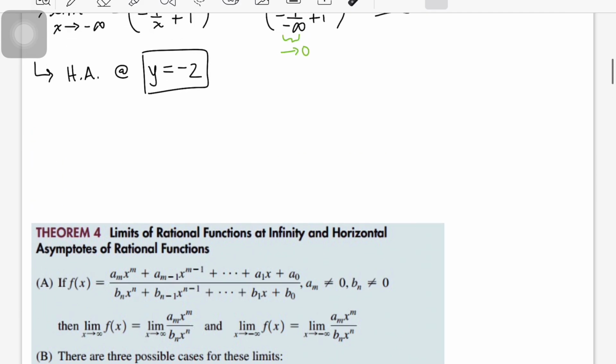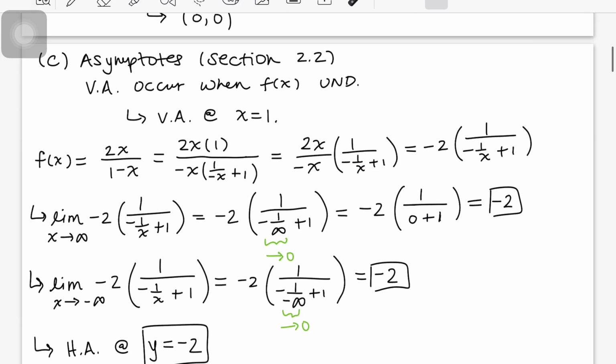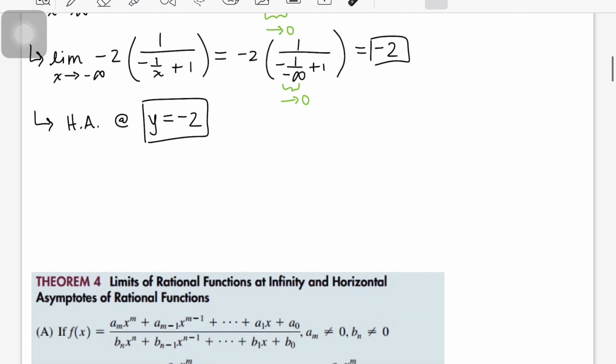And in this particular example, looking back at our leading terms here, we saw that we factored them out of our numerator and denominator here. And so our leading terms were 2x over minus x here. And so looking at the degrees of these guys, we have 2x to the power 1 and minus x to the power 1. So in this case, our degrees of our leading terms are equal.